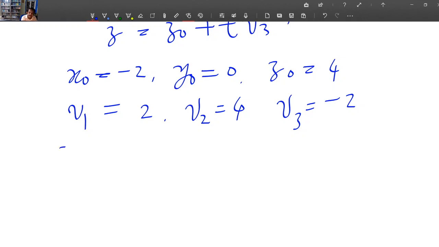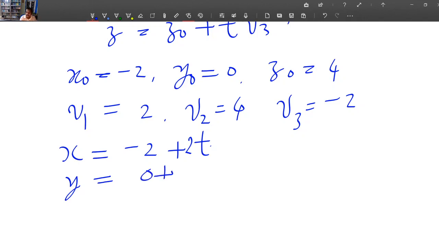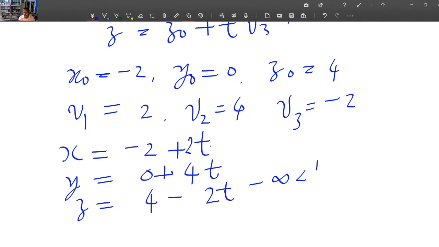So parametric equations are x is equal to x naught plus t times v1, so you can write it as minus 2 plus 2t, and y is equal to y naught plus, so 0 plus 4t, and z is equal to z naught plus minus 2t, so actually this is 4 minus 2t, where minus infinity less than t less than infinity.